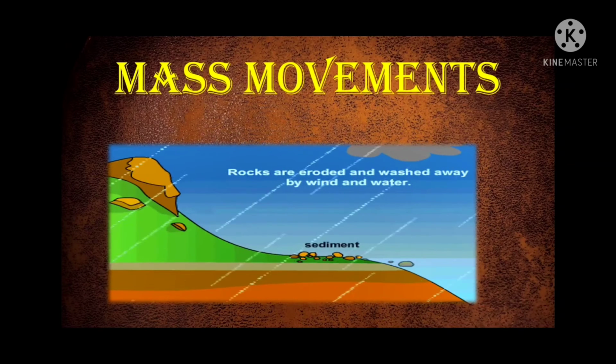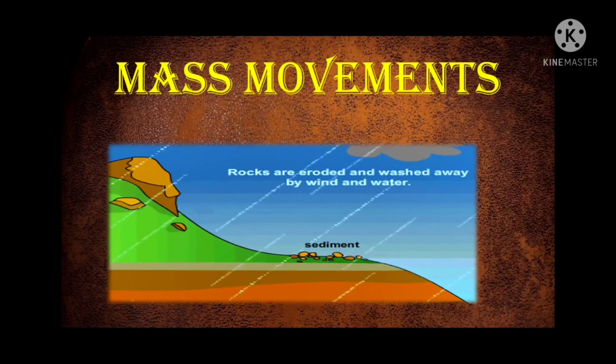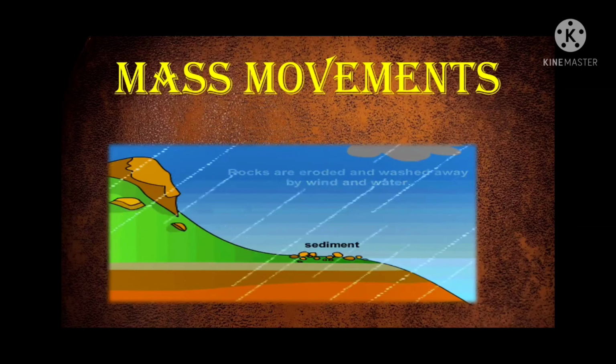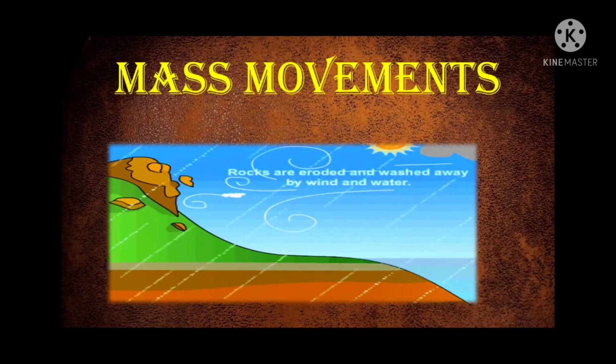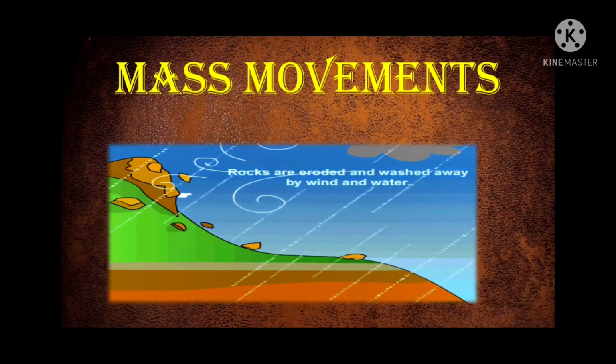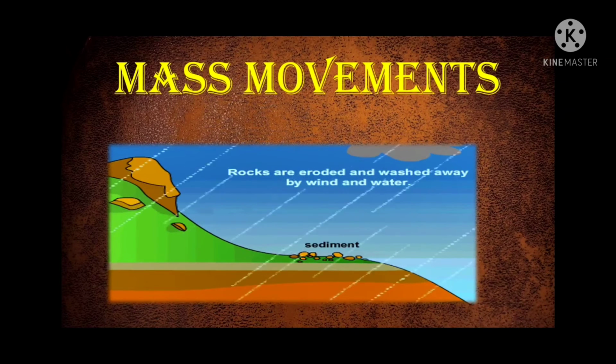This process has been happening for years. The weathered material forms a conical heap at the foothills. When weathered material moves downward due to gravity, it is called mass movement.